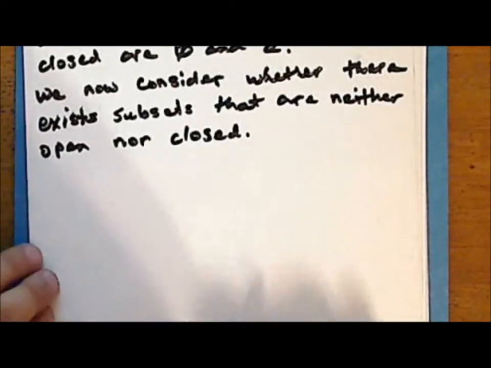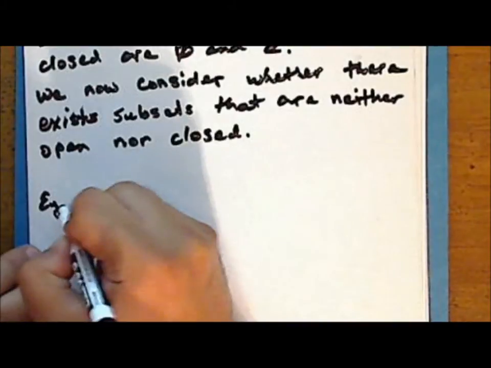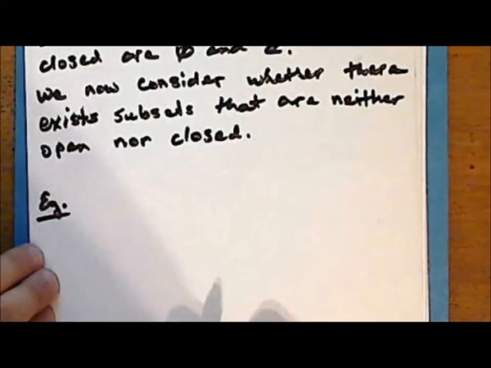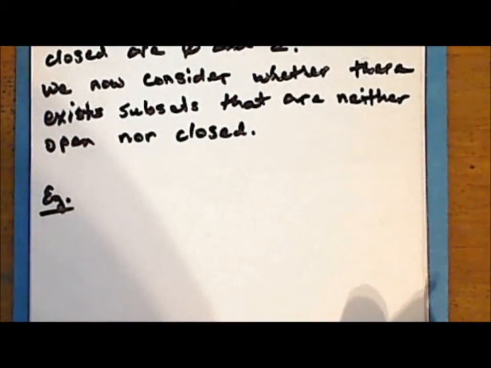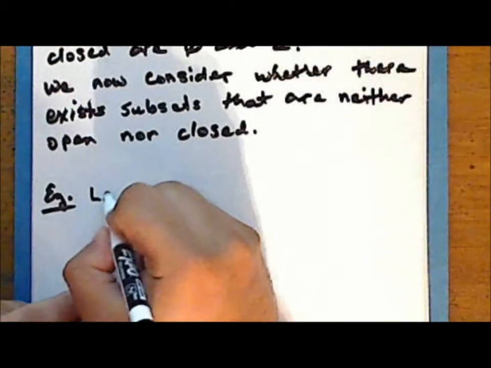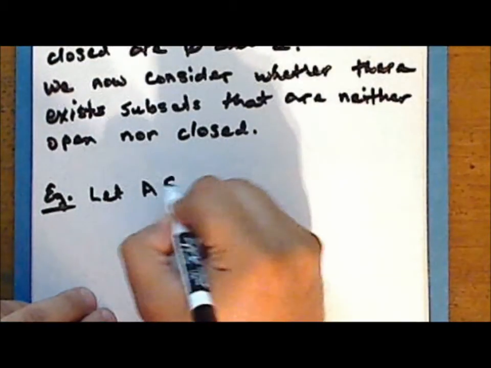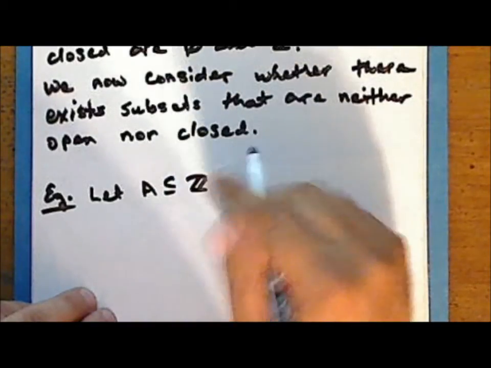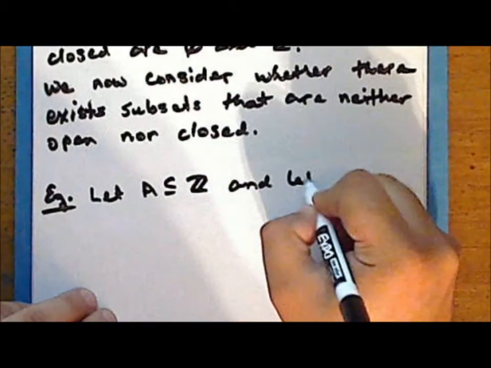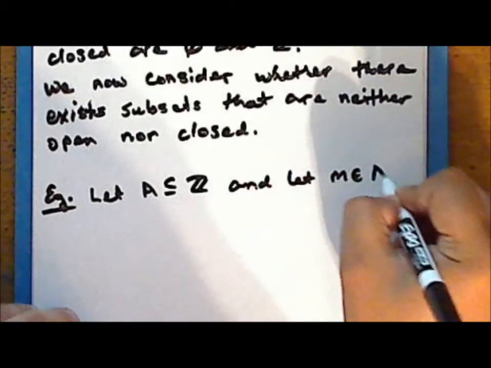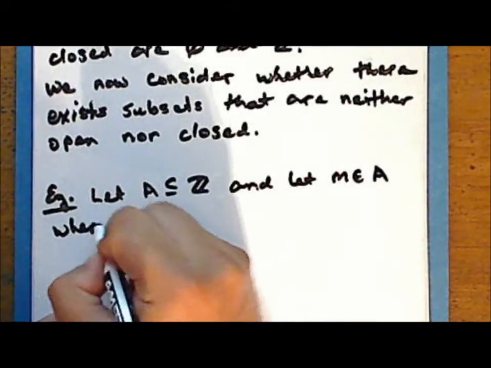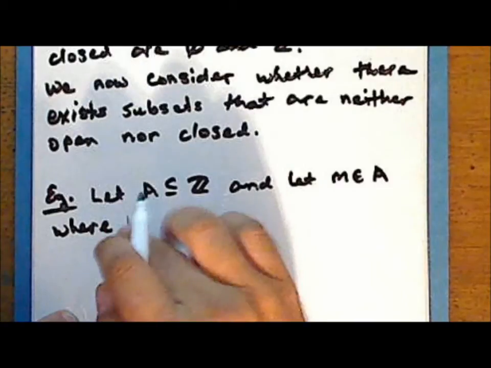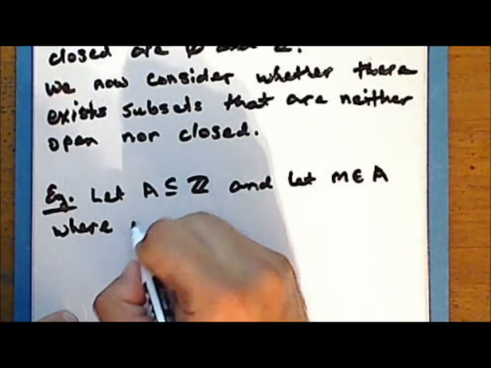And we'll start by looking at a condition that must be satisfied by an open set containing an even integer. So let A be a subset of the digital line, and let m be an element in the set A where the integer m is even.